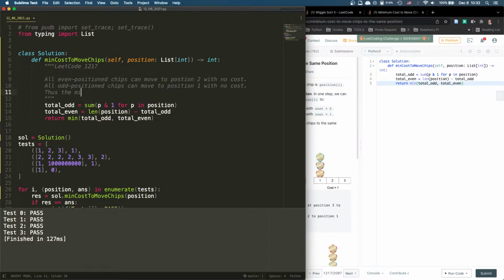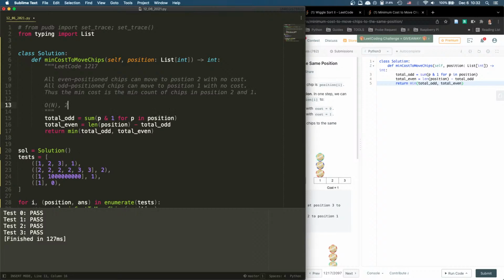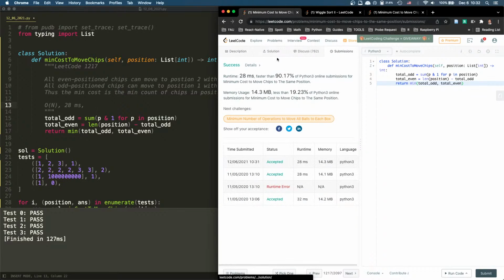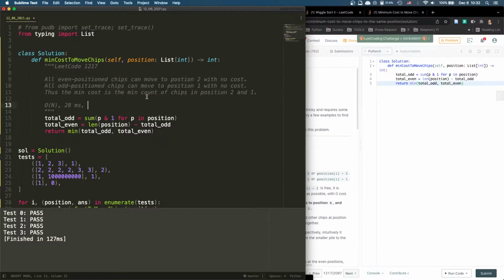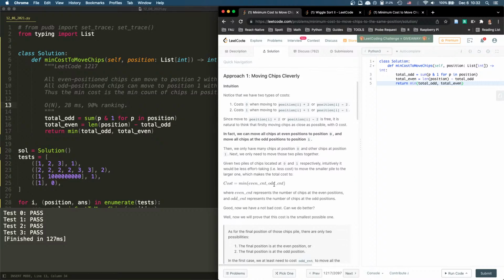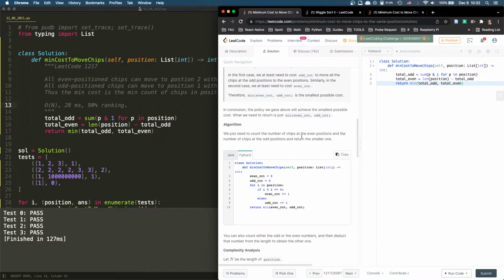Thus, the minimum cost is the minimum count of chips in position 2 and 1. And 28. 90. Okay, and it goes through this minimum, even, and odd count.